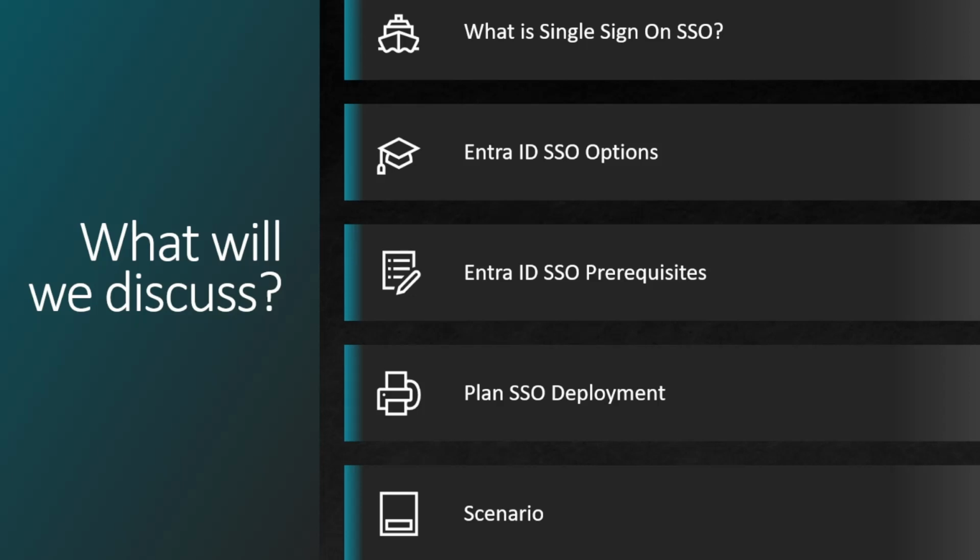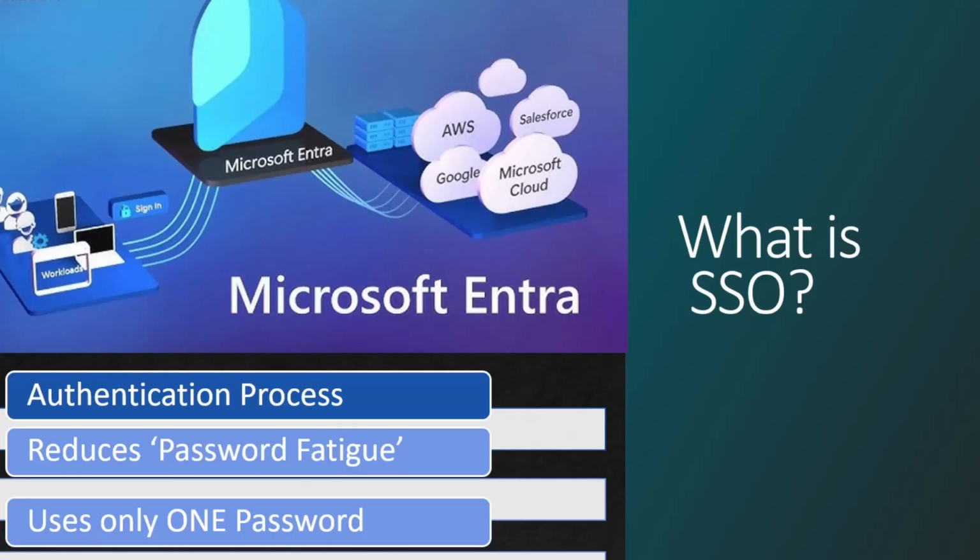So let's get started. What is SSO? SSO is short for single sign-on. It is a user authentication process permitting users to enter one username and password in order to access multiple applications. The process authenticates the user for all of the applications they've been given rights to and eliminates further prompts when they switch applications during the same session.